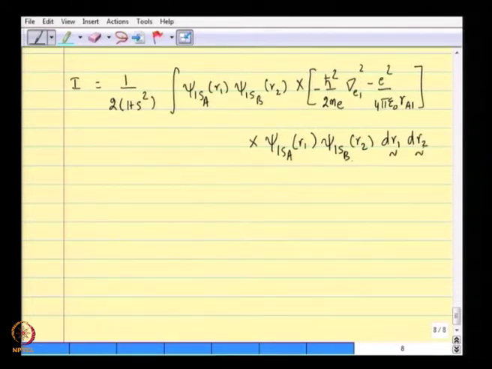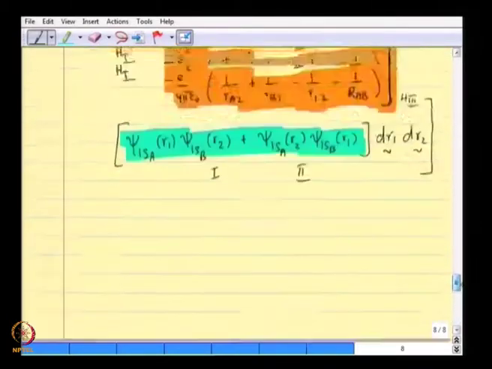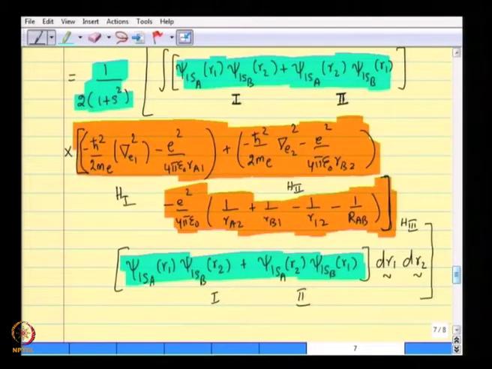Both are 3-dimensional integrals over the electron coordinates r1 and r2, which is nothing but the first term, with the first part of the Hamiltonian H1.